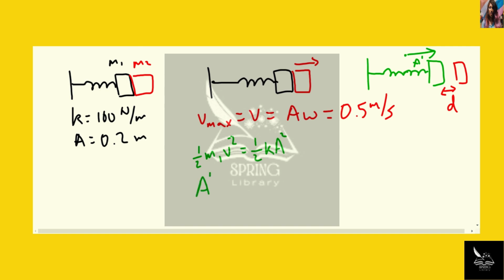So I can solve for my new A by rearranging here. You notice the halves cancel. So you're going to get V times the square root of M1 over K, right? So you get 0.5 times the square root of 9 over 100. So you get 0.15 meters, okay?